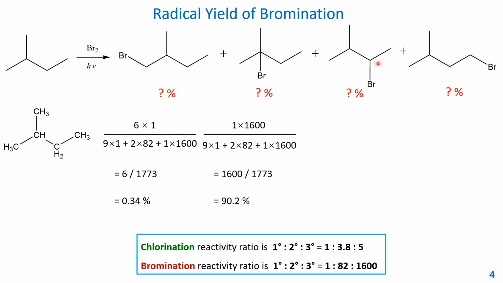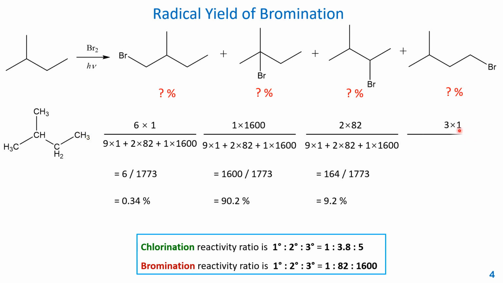Now for the third product, we have only these 2 hydrogens that can be replaced. So 2 times 82, that's a secondary hydrogen, over the same denominator. You can calculate that is 9.2%. Last one, bromination on this carbon, you can only replace one of the 3 hydrogens here. That's 3 times 1 reactivity over the same denominator, and the calculation gives you 0.17%.